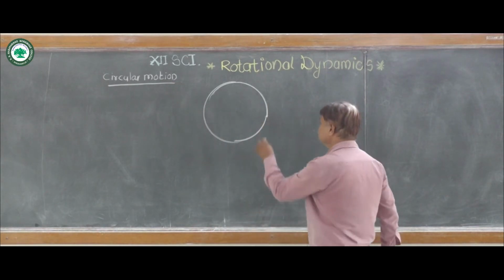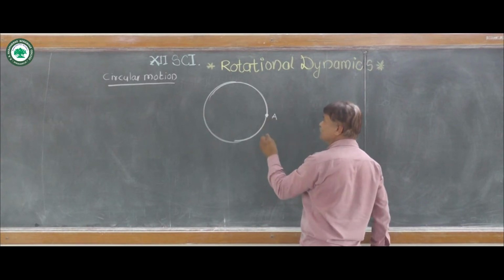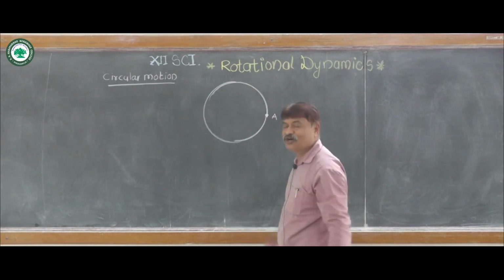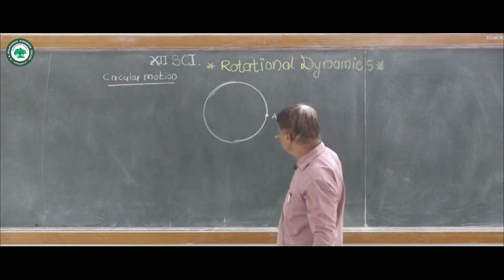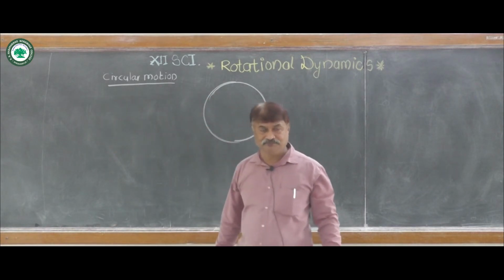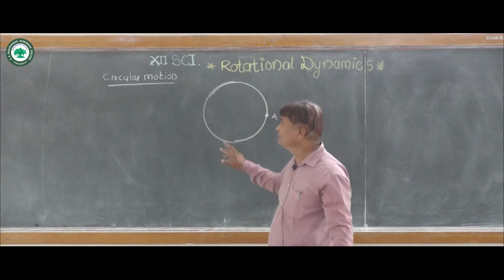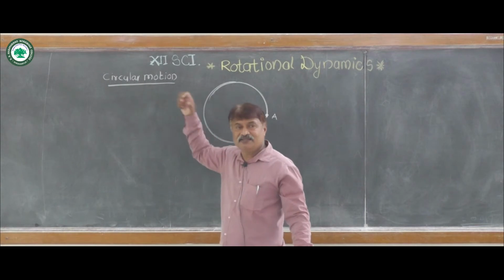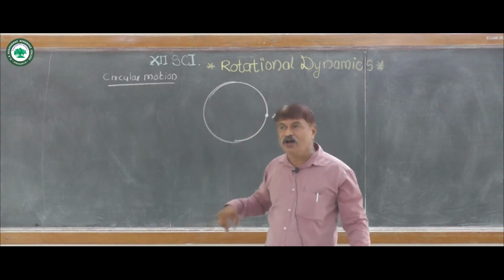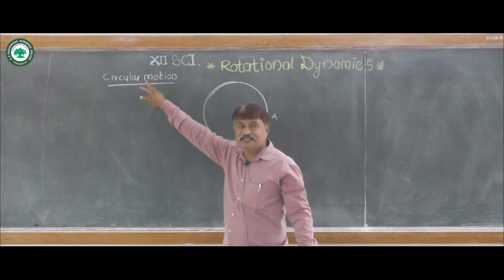If you consider an object A moving along the circumference of a circle in anti-clockwise or clockwise sense, then the motion of this object A is circular motion. So, circular motion means the motion of an object along the circumference of a circle.